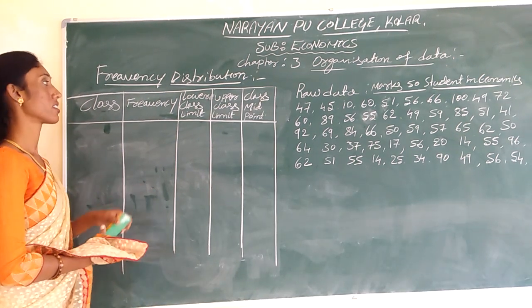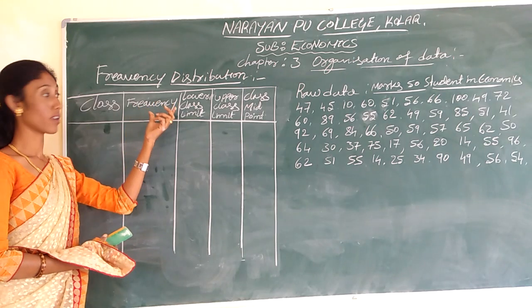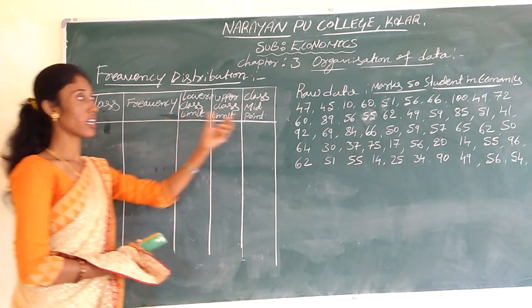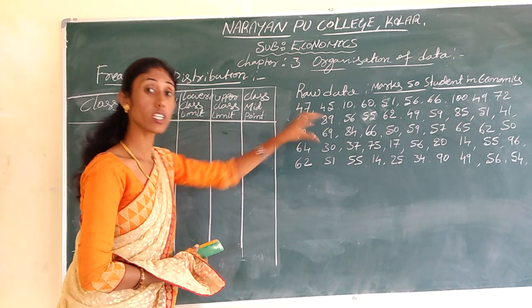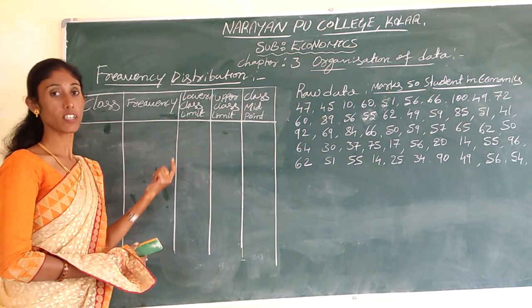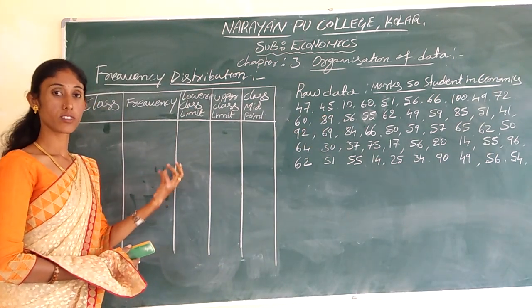This is what the frequency distribution table looks like. Then, with the help of this data, we will now see how we can construct the frequency distribution table.